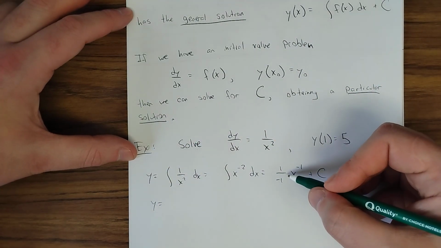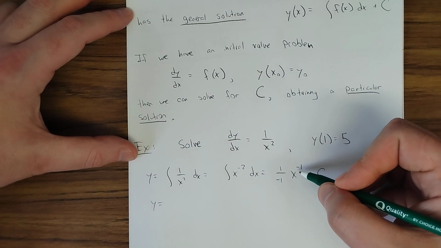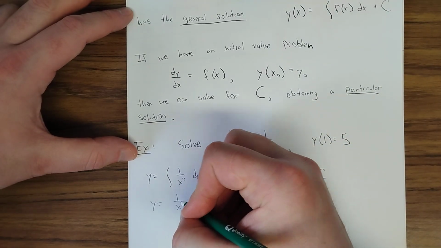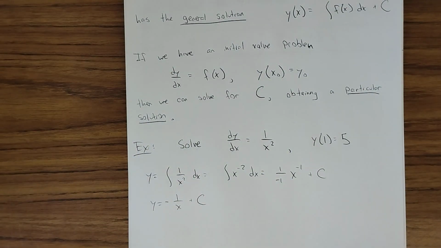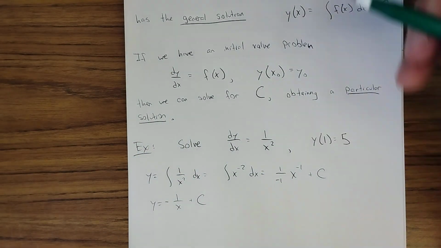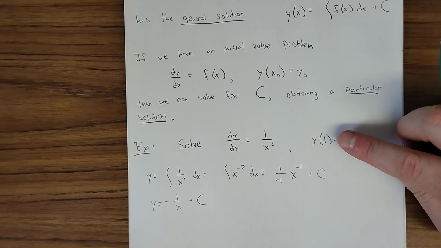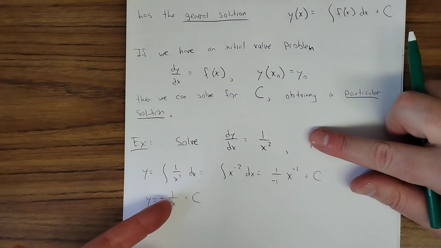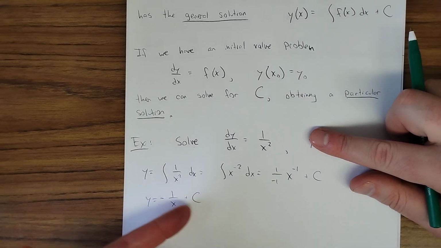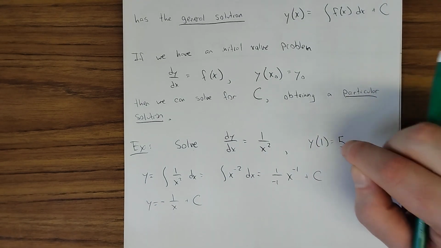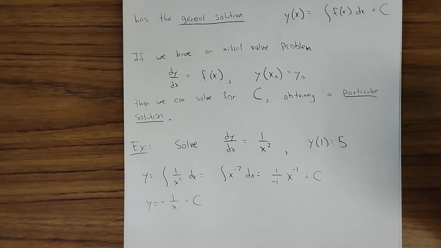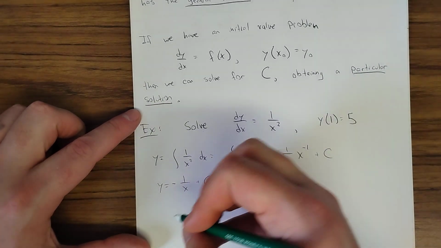Let me clean this up a little bit. So this is a negative sign, and this is 1 over x. Oh, whoops, I forgot the negative. There we go. Okay, and if I didn't have this piece of information, then I would just say I'm done. I would say there's infinitely many solutions, and this expresses all of them. But I do have this piece of information, so this should allow me to narrow it down to one particular value of c.